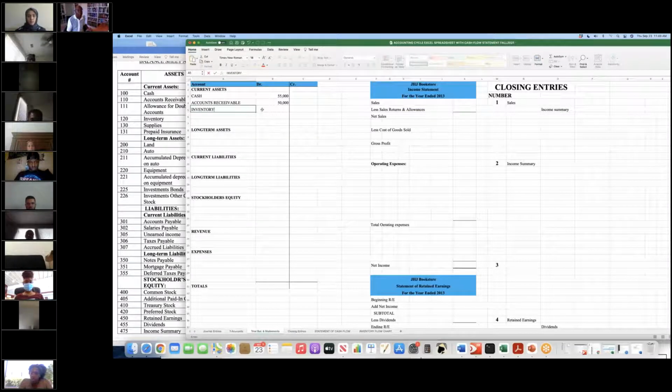How much is inventory? 200,000. I'm relying on you all. I don't have a chart of accounts. Do we have any other current assets? I don't think so. Any long-term assets? No, I don't think any.